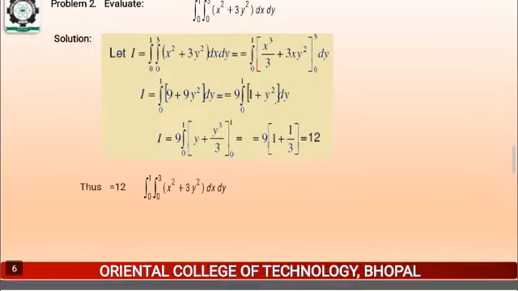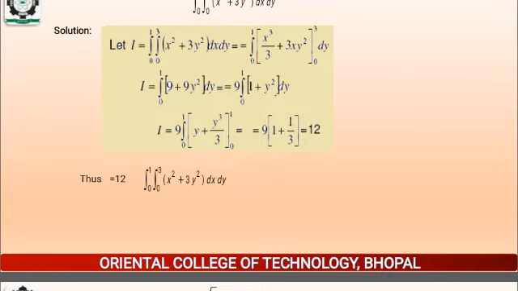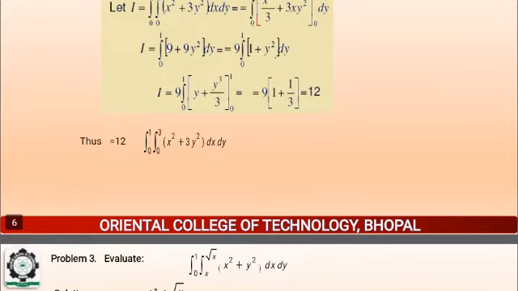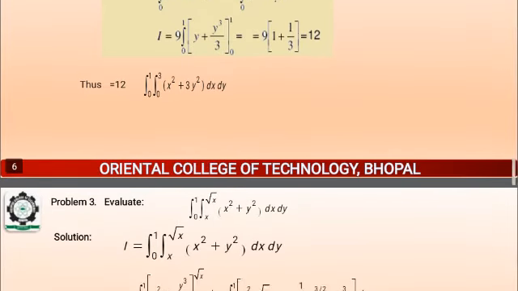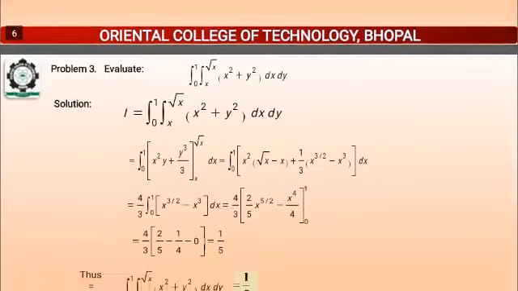After applying these limits, we have integration of 9 plus 9y square dy, and integrate this with respect to y, that is we have 9 times y plus y cube by 3, 9 is common here, and after taking limits of y 0 to 1, we have 12. 12 is the answer.